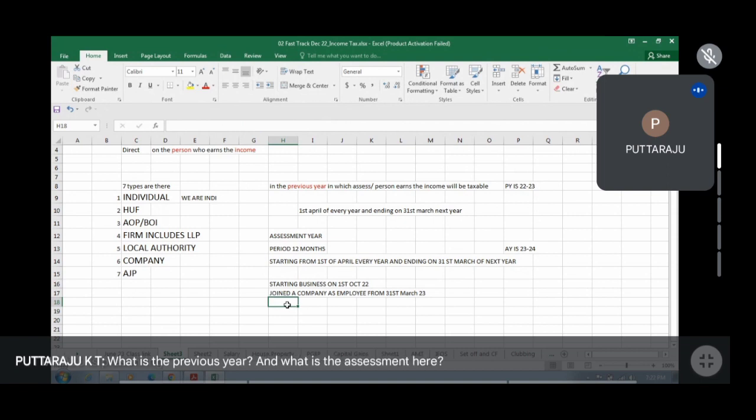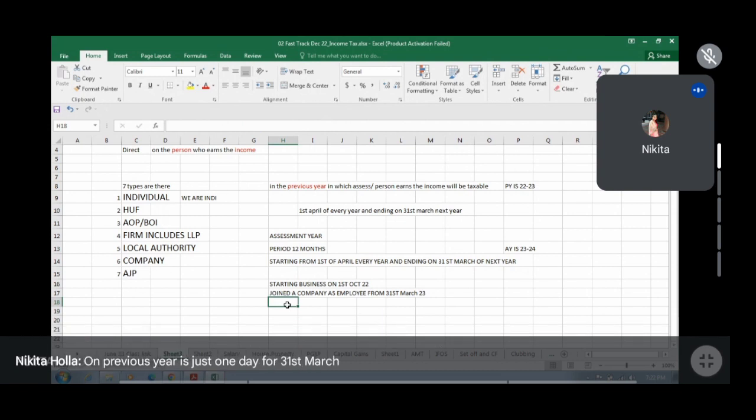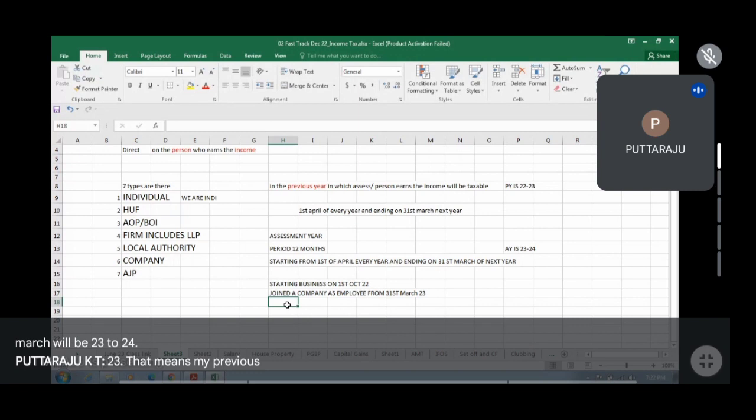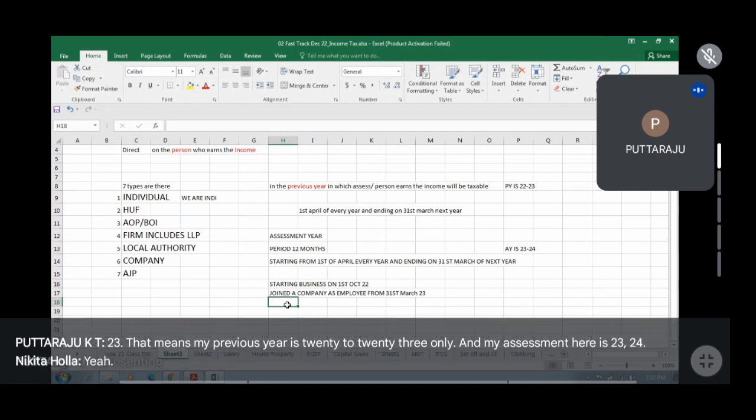Previous year is just one day, 31st March 2023. Your assessment year for that income earned on the 31st March will be 23-24. That means my previous year is 22-23 only, and my assessment year is 23-24. Yes, sir. Okay.